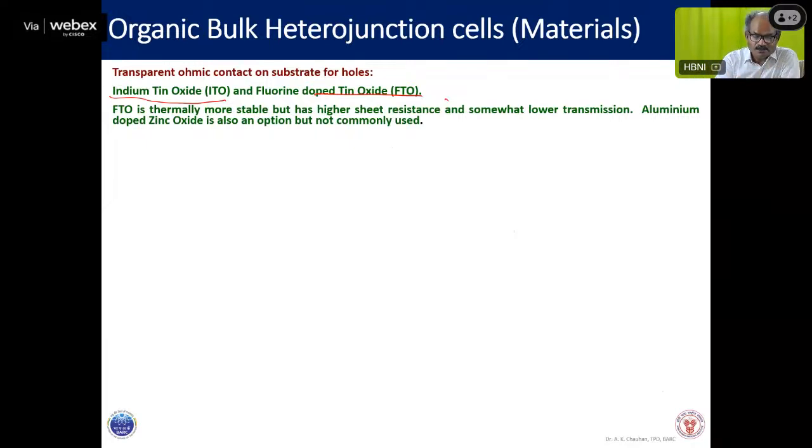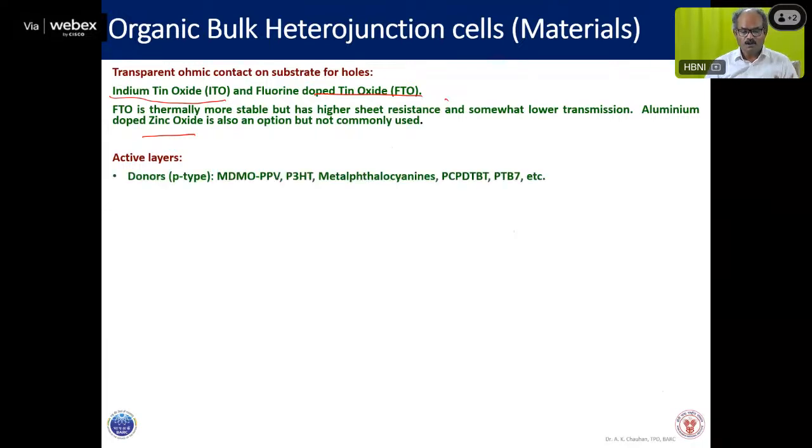FTO is thermally more stable, but has a higher sheet resistance and somewhat lower transmission. Aluminum doped zinc oxide is also an option, but not commonly used. So in the laboratory we use FTO, and for bulk heterojunction, most commonly ITO is used; for DSSC, that we used to use.